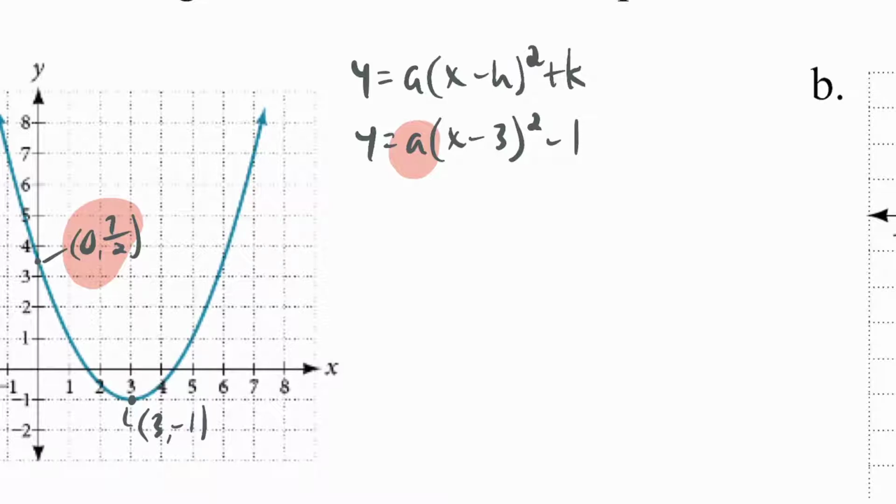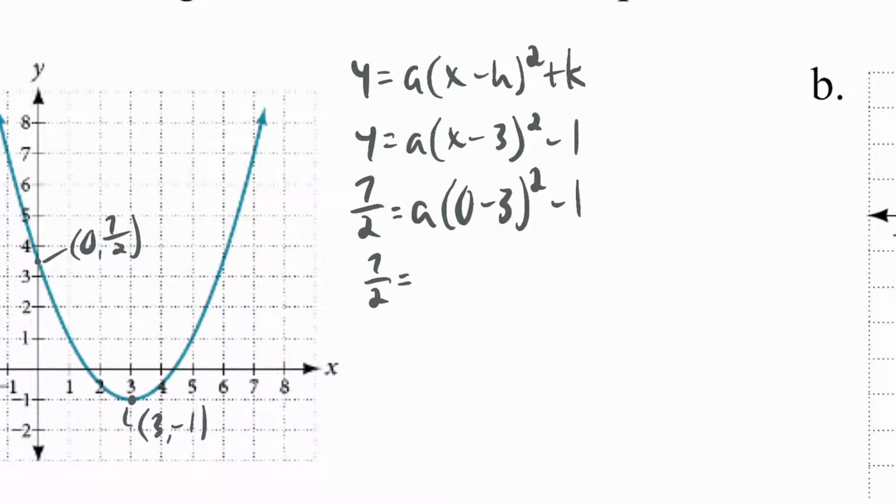Okay. So I'll put in 7 over 2 for y, and put in 0 for x. So I'm going to get 7 over 2 equals a times 9, or 9a, same thing, minus 1. I have 2 options. I can add 1 to both sides, or I can clear fractions first.